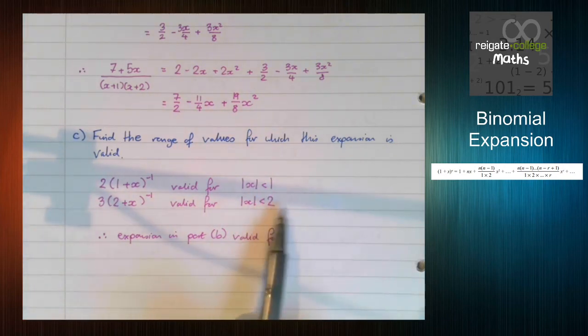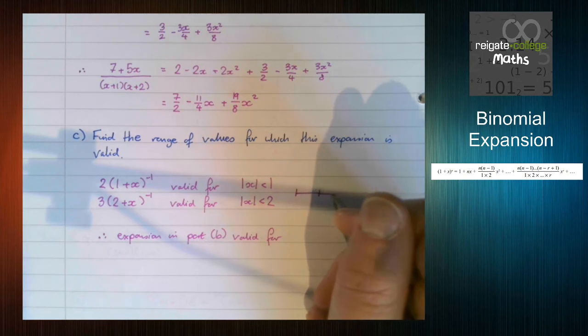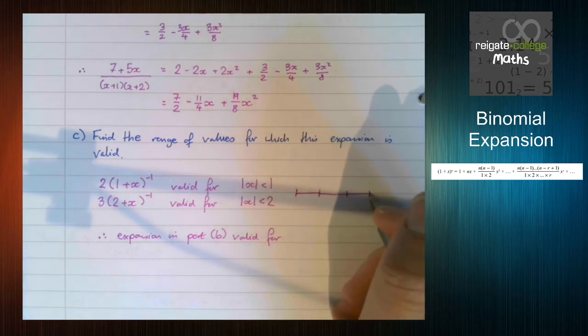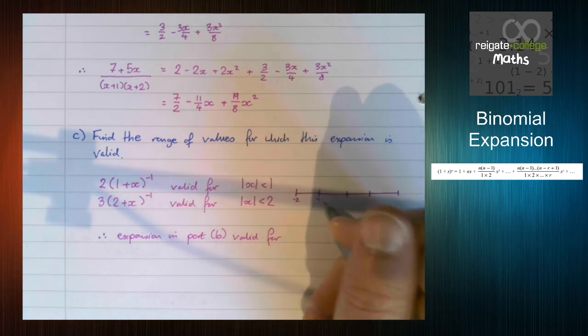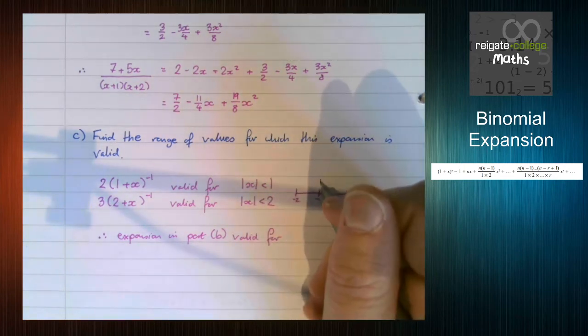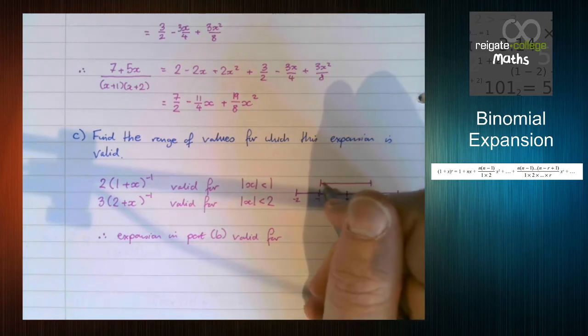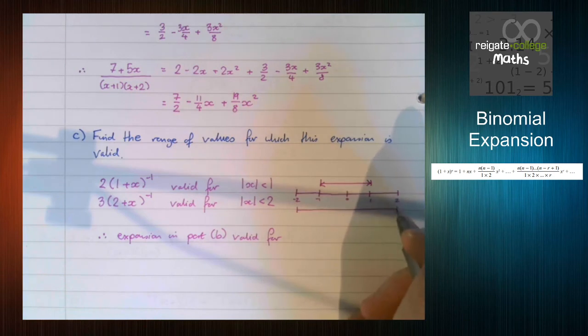If you think about this, this is x is between minus 2 and 2, this is x is between minus 1 and 1. If we put it on a number line, minus 2, minus 1, 0, 1, 2, this first validity covers these numbers, the second validity covers these ones.